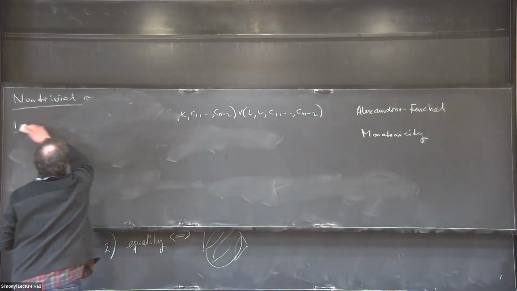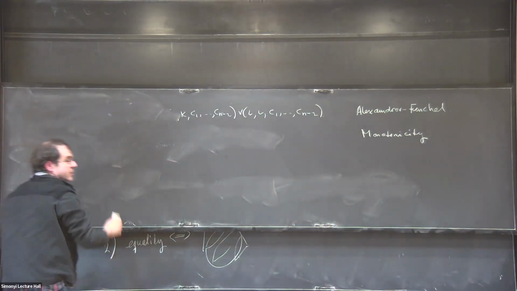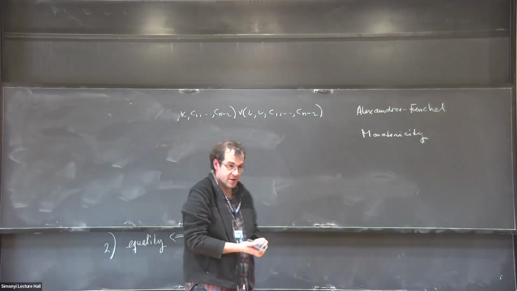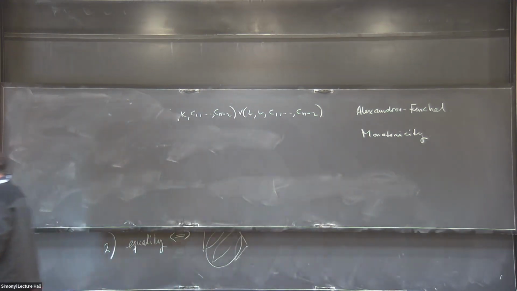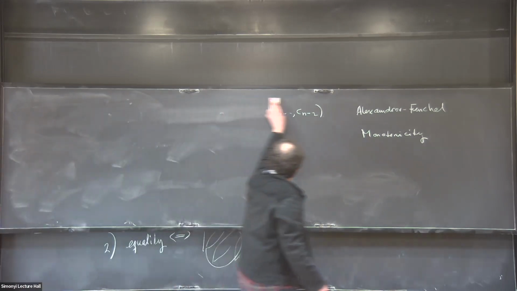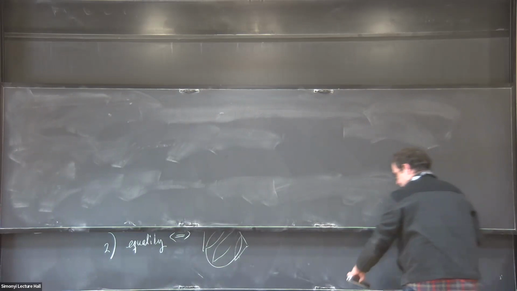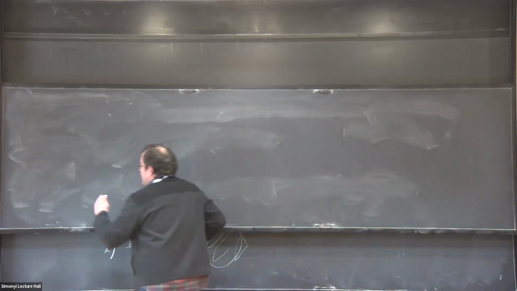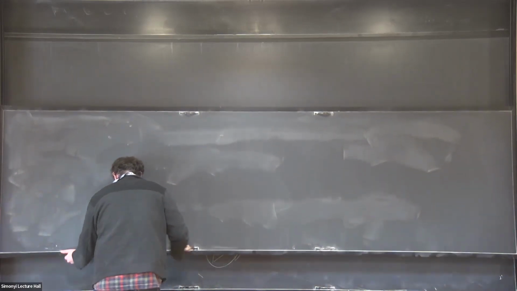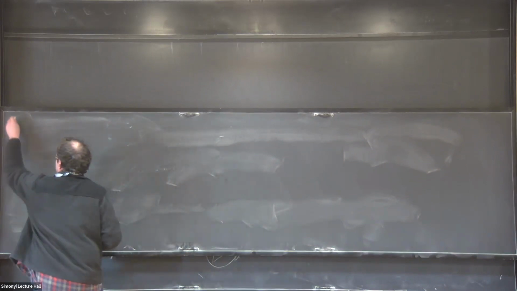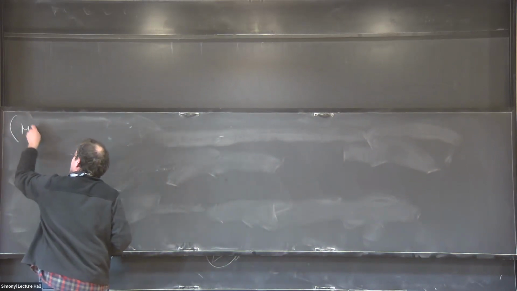Let me just repeat the last statement. Any Borel measure with barycenter at the origin and non-negative can be represented like that for a given convex body C repeated n-1 times. We do not need it in this talk, but let me just write it because it's good to know.